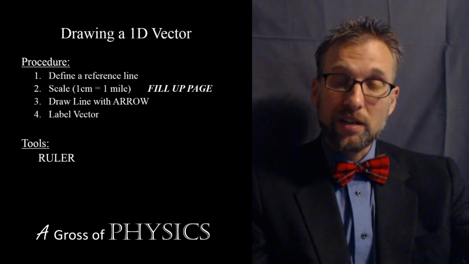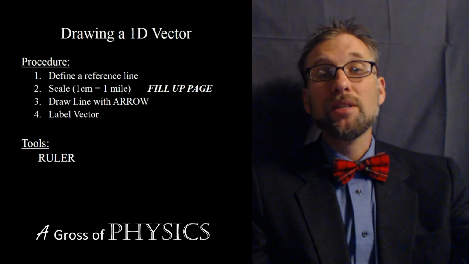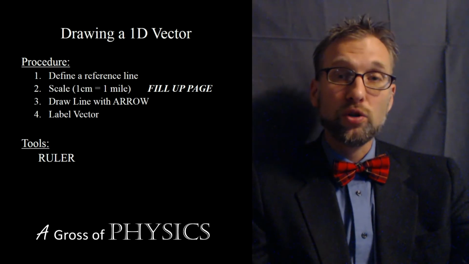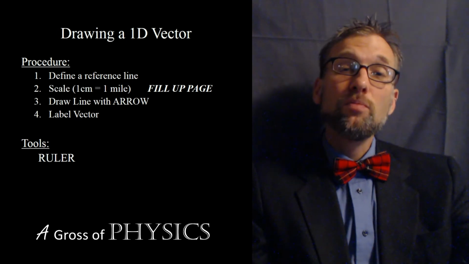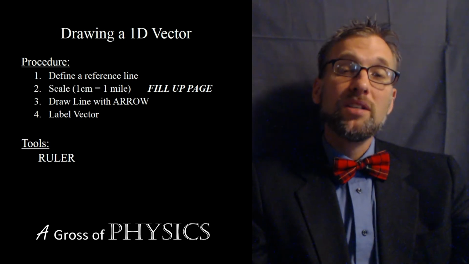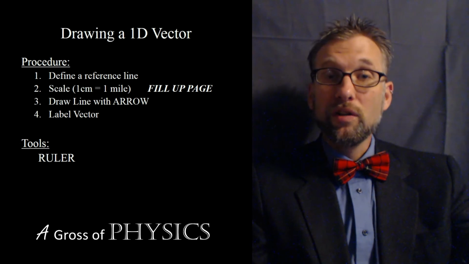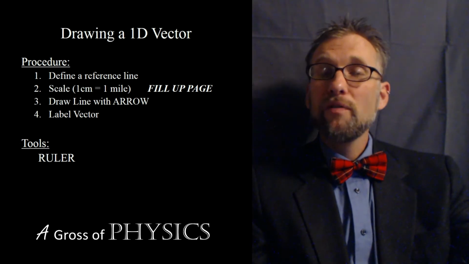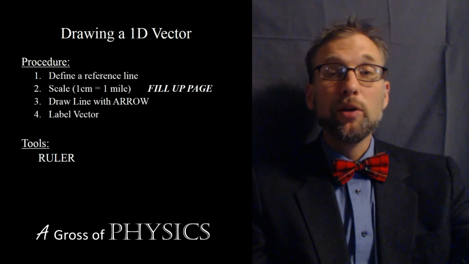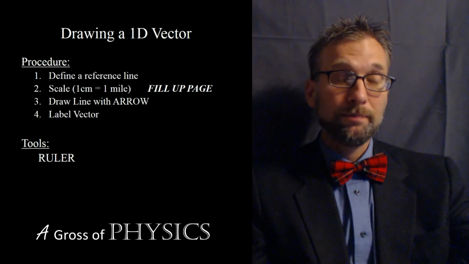And there's a reason for this. It's because then if you make any mistakes, and let's say you draw a vector a little too short, any mistake you made will not be amplified. The smaller the vector, the bigger the mistake will be amplified. The larger the vector, the more room you have for error. And you want to minimize your error. You're never going to be able to eliminate it completely, but you want to minimize error as much as possible.